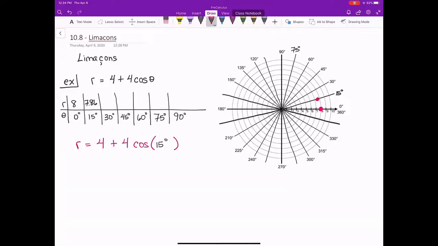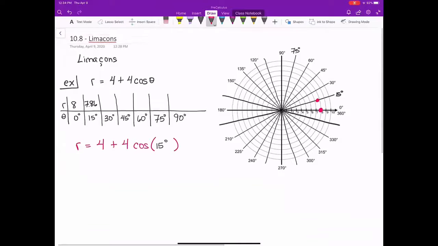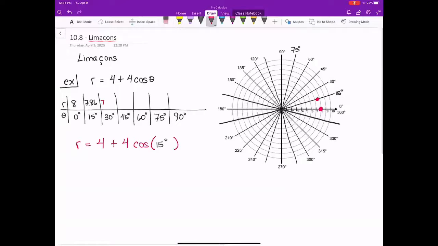Okay. 30 degrees. So cosine of 30, you know that the cosine of 30 is the square root of 3 over 2, but I do want to get an approximate decimal, so times 4 plus 4, that's about 7.46. So at 30 degrees, I'm going out to a circle not much different than where I was.